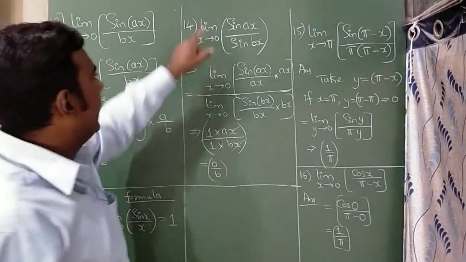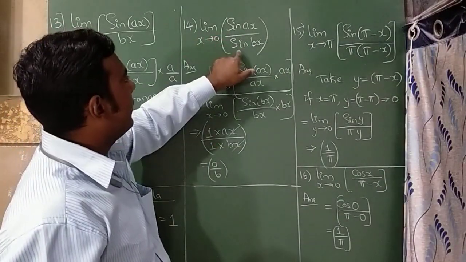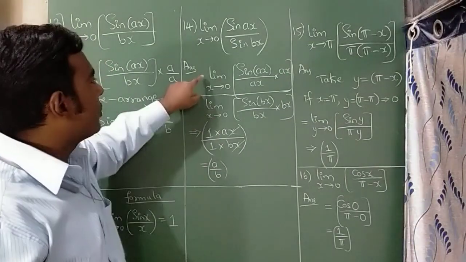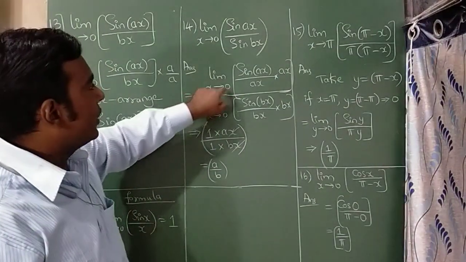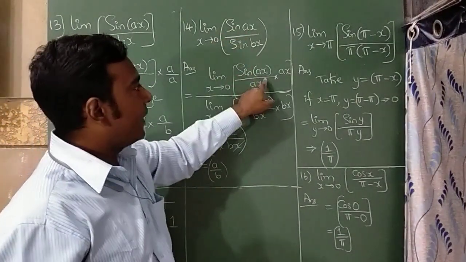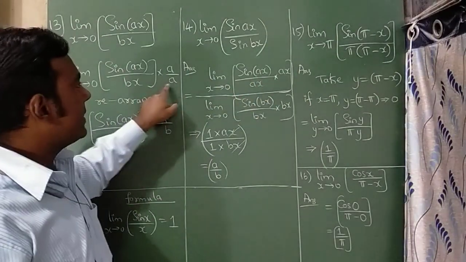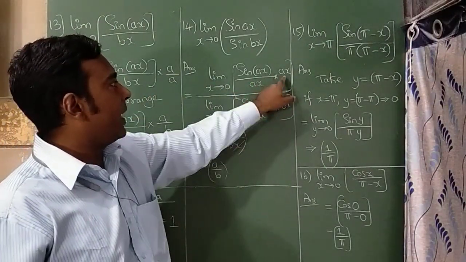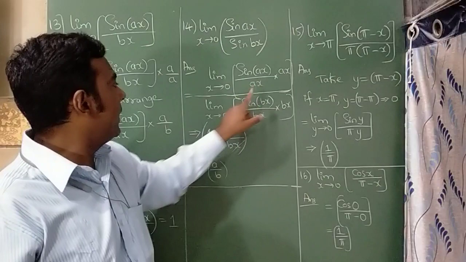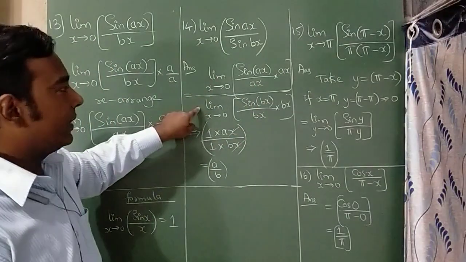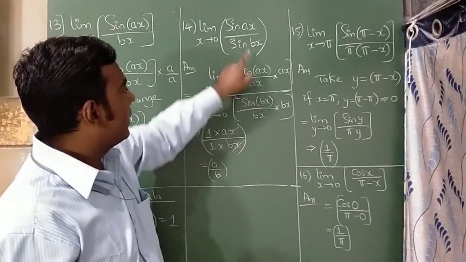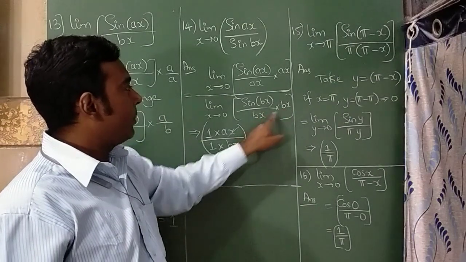14th question. Limit x tends to 0, sin ax divided by sin bx. So limit x tends to 0, sin ax. Fine. Now like this I have multiplied and divided by ax upon ax. Now in the denominator also I have taken limit sin bx into bx upon bx.